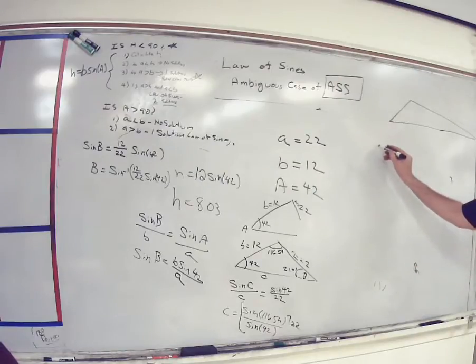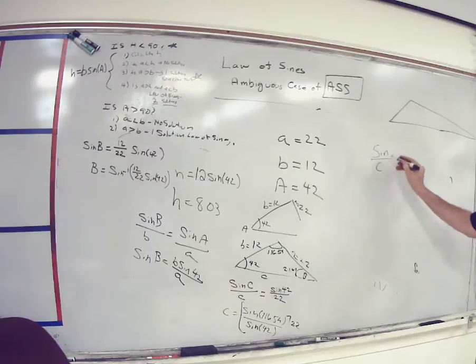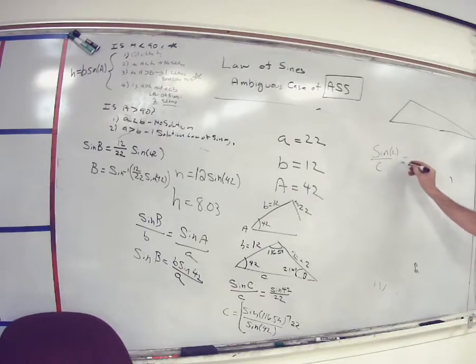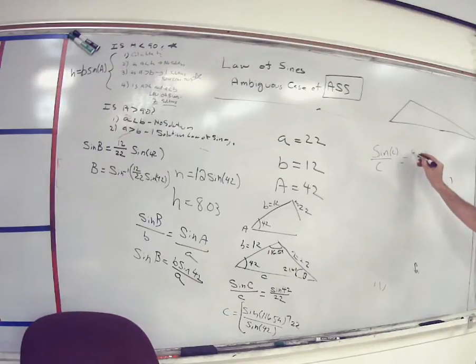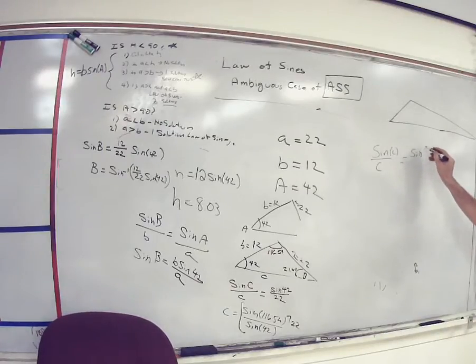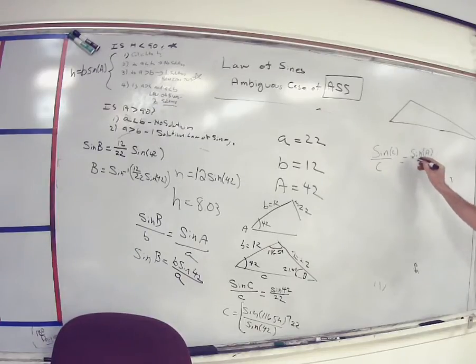So we're going to say, would you agree that sine of little c over big C is equal to sine of A over little a? Sine C over C is sine A over A. Would you agree with that?